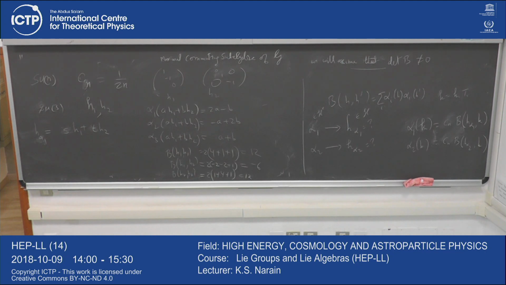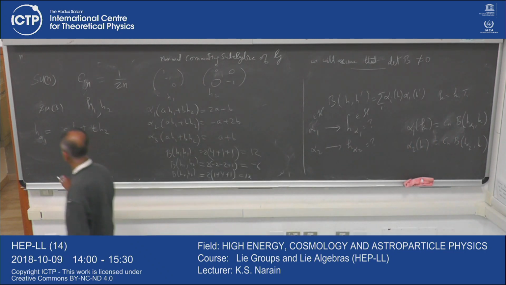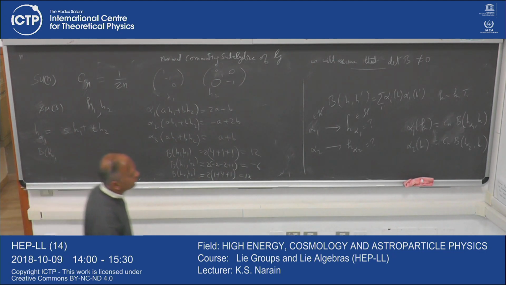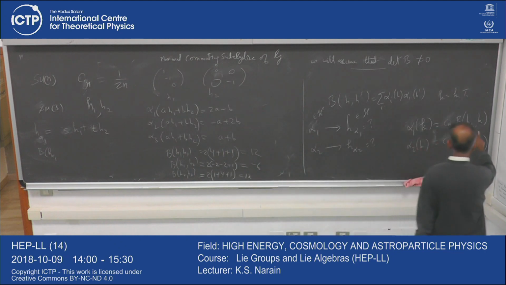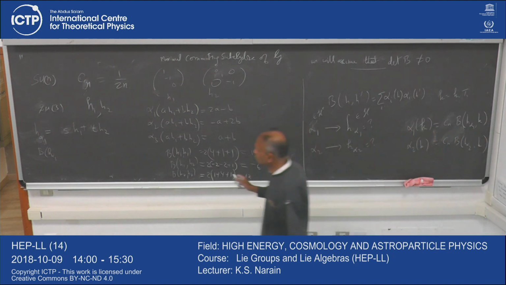So what is this object? If I plug in here, I want to compute B of H alpha 1, and it is enough to look at just the basis vectors here, since K is any linear combination of H1 and H2. So I have basically two equations.